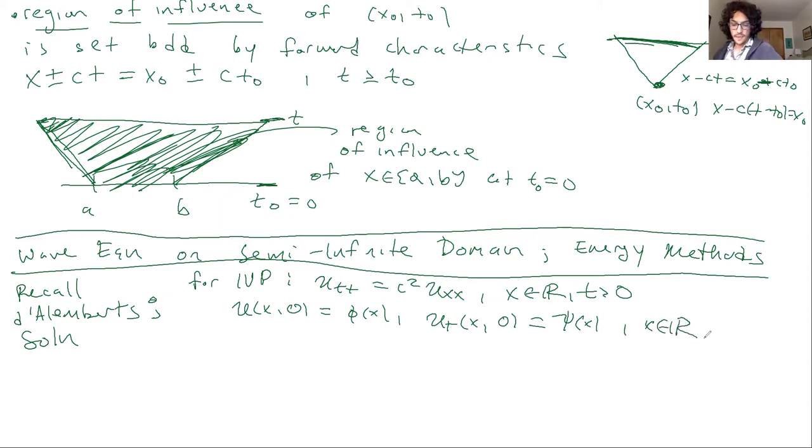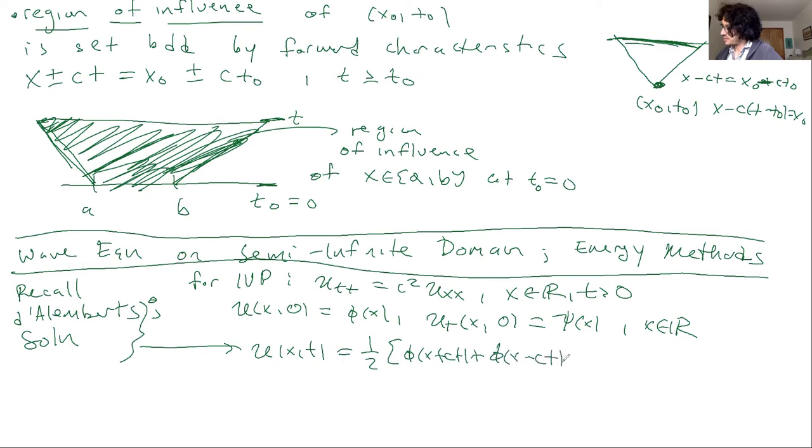Okay. Then D'Alembert's solution tells us that u of x, t is equal to a half phi of x plus ct plus phi of x minus ct plus 1 over 2c, the integral from x minus ct up to x plus ct of psi of y dy.